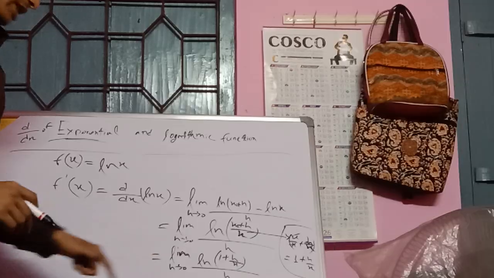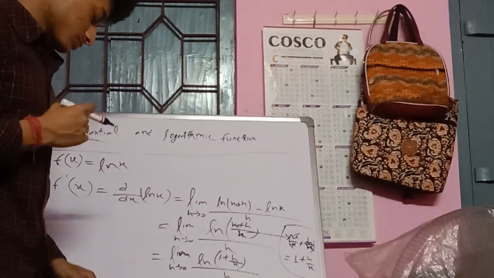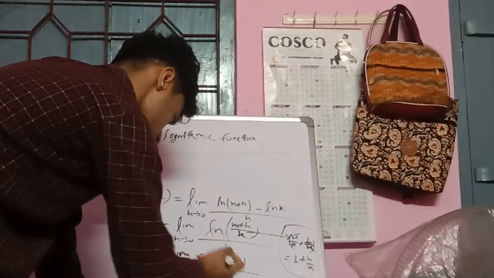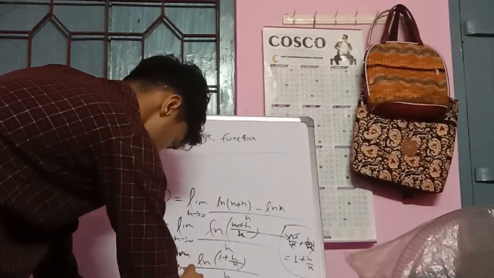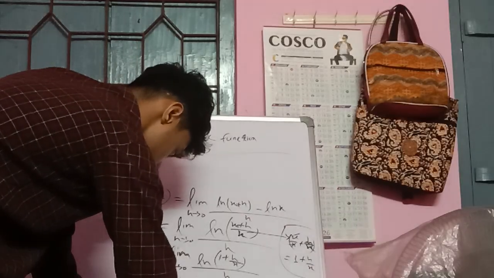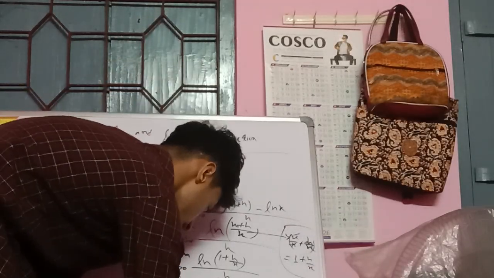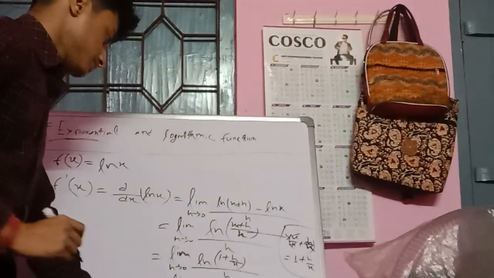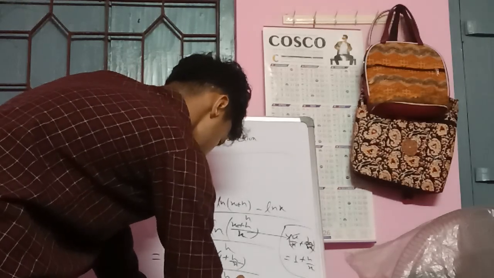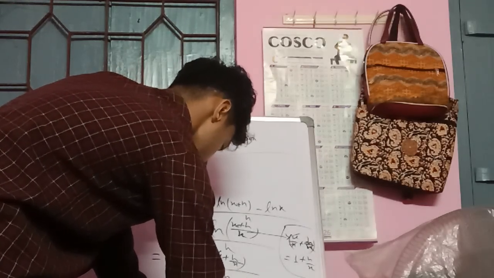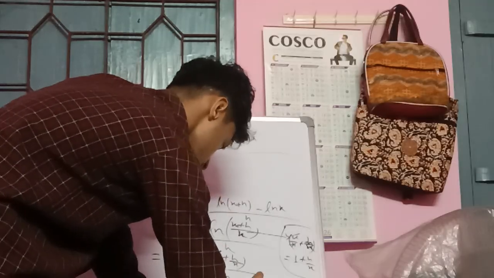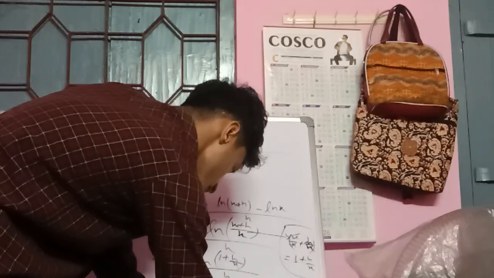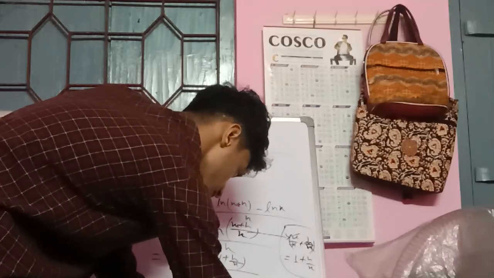Now, what would have to happen after this? I can write it down as x over h of ln of 1 plus h over x, times 1 by x.